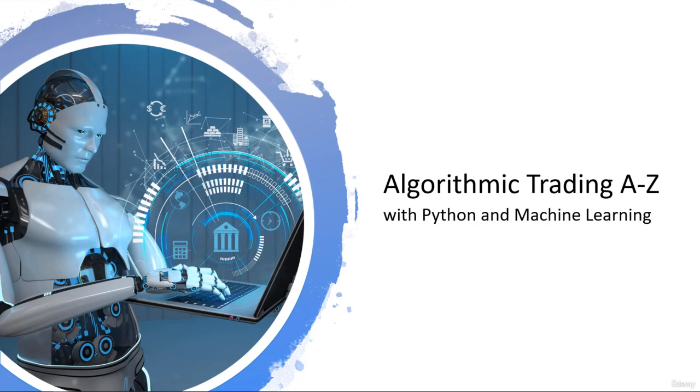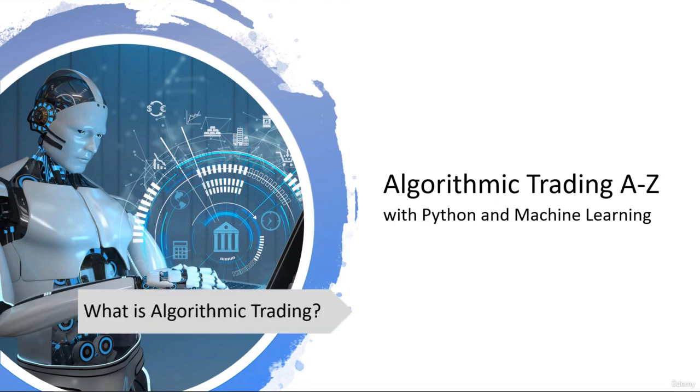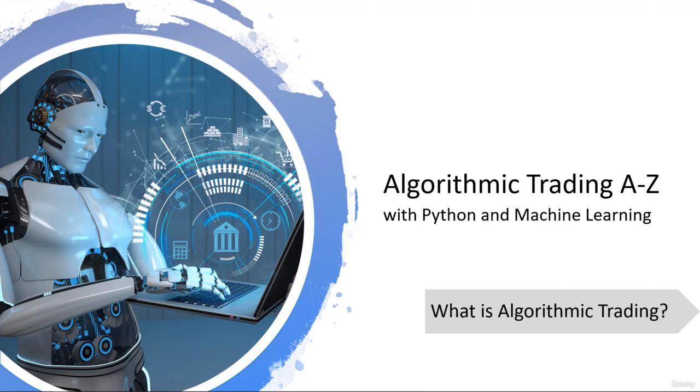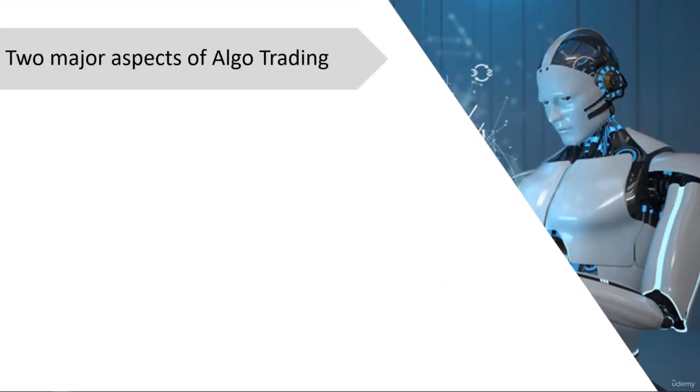Now let me briefly explain what we will do in this course, and let me give you a short course overview. There's actually no single definition of algorithmic trading, and different people mean different things, but all use cases and applications have two things in common.